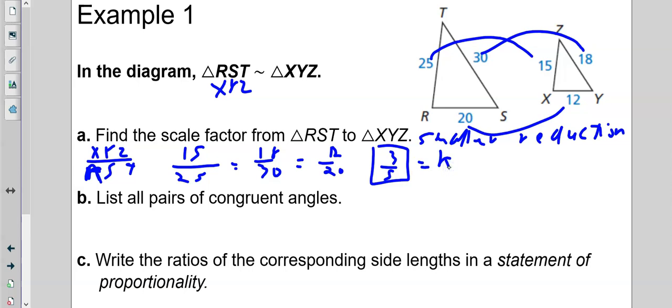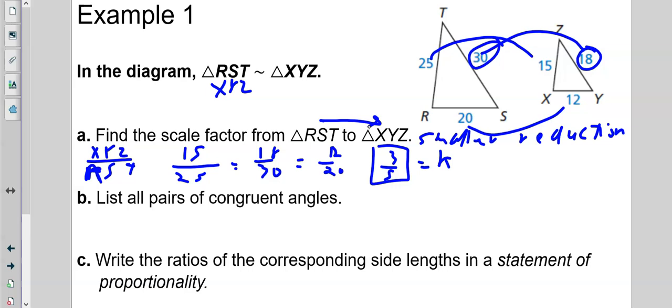This is K. In other words, if I multiply this number by 3/5, multiply by 3, divide by 5, I will get 18. The most common mistake here is to put the big number on top because you think, I'm going from this to this, so I go in order. Well, in this case, you're getting smaller, so you need a smaller number on the top.